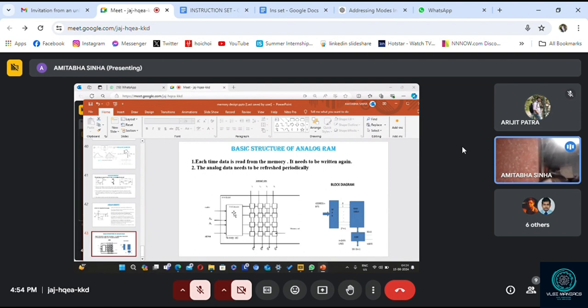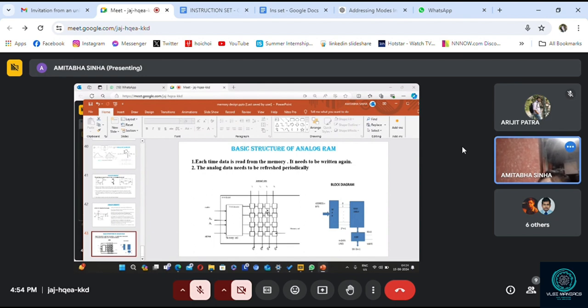For example, if the address A0, A1 is 00, that means the 0th row will be selected. If we assume the top row is 0, then 1, 2, 3, the first one will be selected.